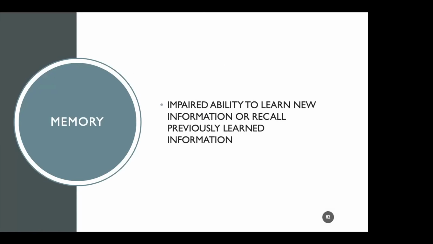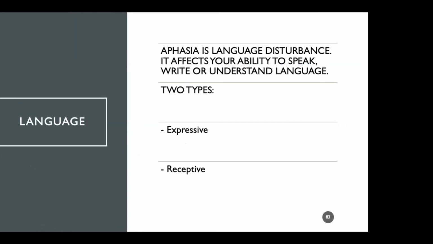So next slide. Memory means you cannot learn new things and you can't recall those new things you've learned to live an independent life. Language, next slide, we actually mean cognitive language. So it's not that you can't speak because of a stroke. Sometimes this is called aphasia.